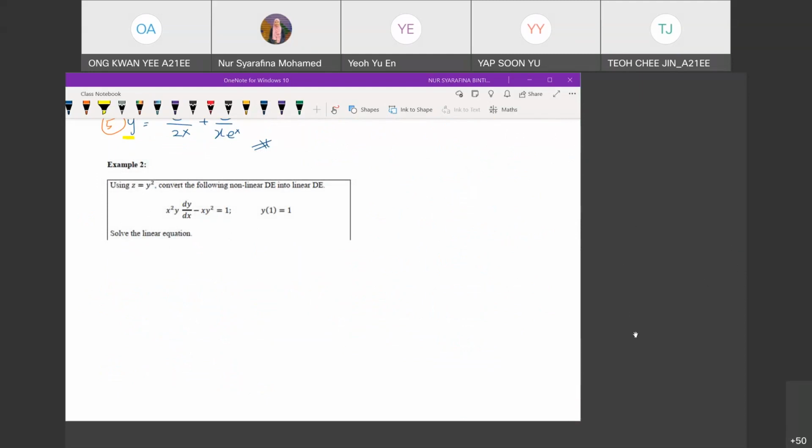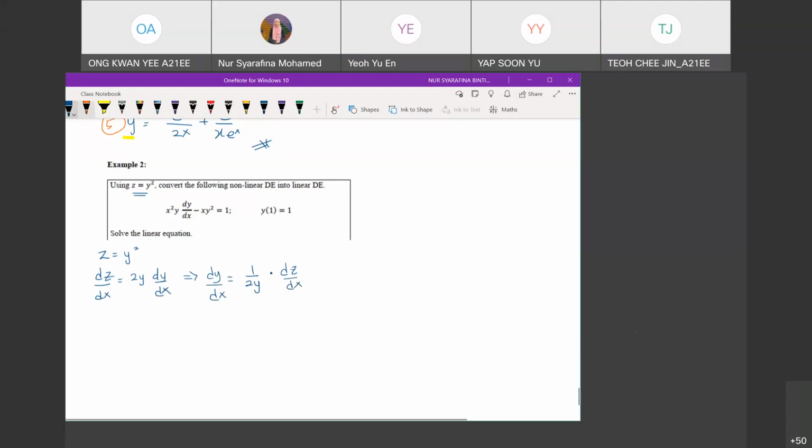First, you need to create the dy/dx from this z. Right. So z equals y squared, so dz/dx equals 2y dy/dx by implicit differentiation. Then dy/dx equals 1 over 2y times dz/dx.